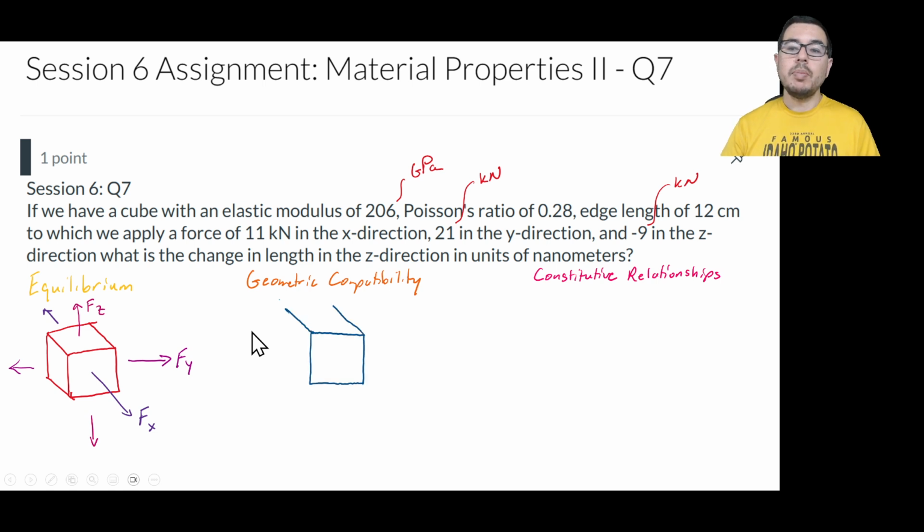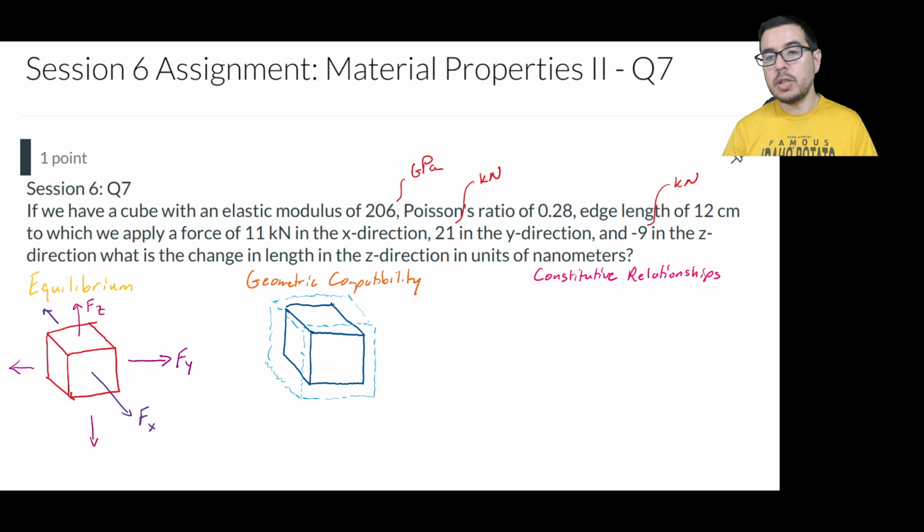For the geometric compatibility, we can think of, again, this cube and then some type of change in geometry. Now there are normal forces here, no shear forces, so we're not really going to see a deformation in the shape, but we will see a potential change in its overall dimensions.